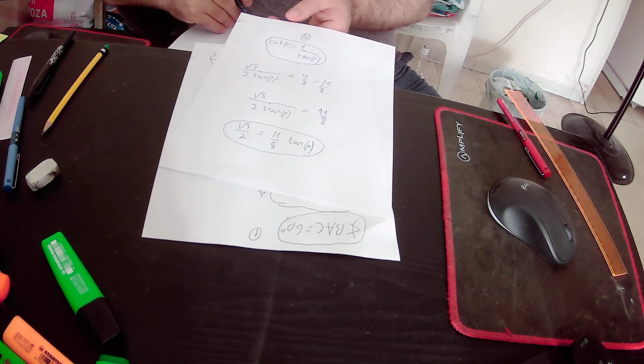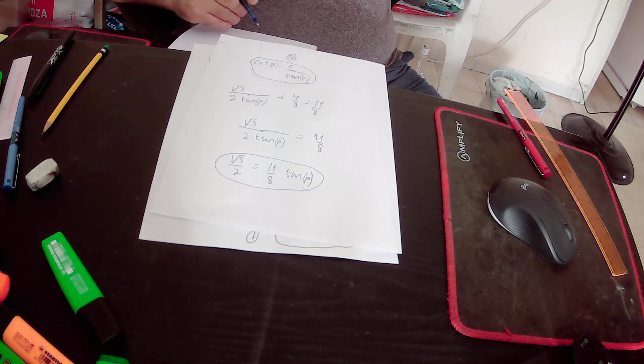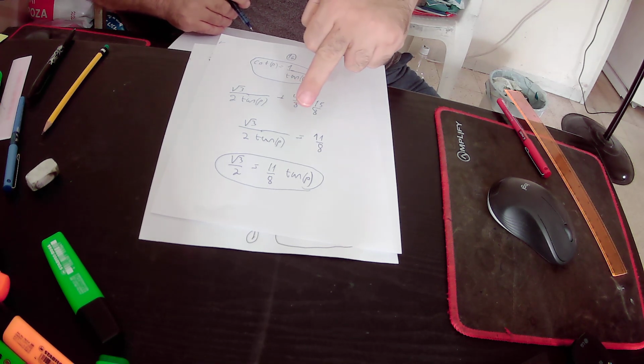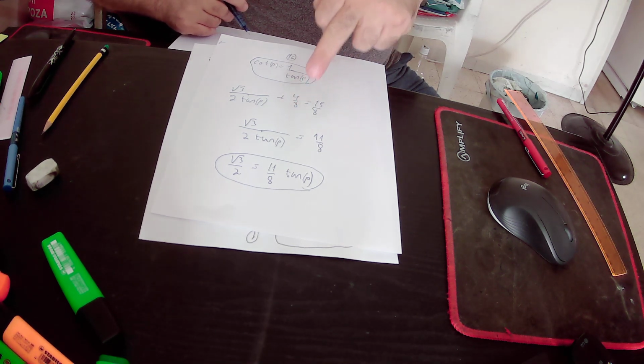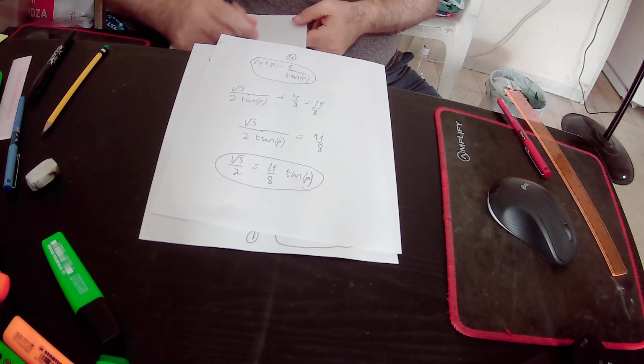Then we will multiply it by 8 and divide it by 11 in order to get the value of tangent p.